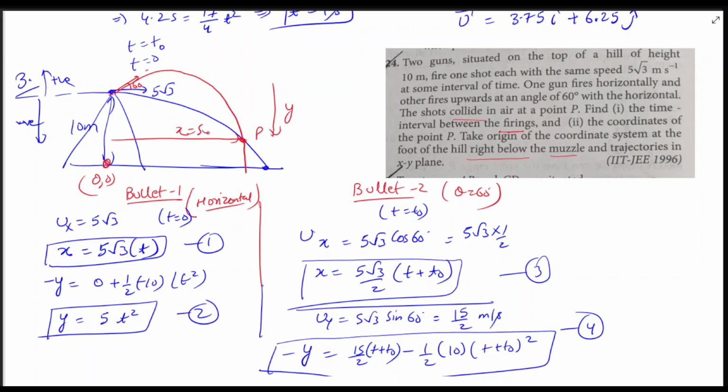And what is y? y will get 5. So this is 5, right? But look, this is 10. So the coordinate of p will be 5 root 3 comma 5, right? So it's an easy question, nothing to worry about. Very simple question it is.